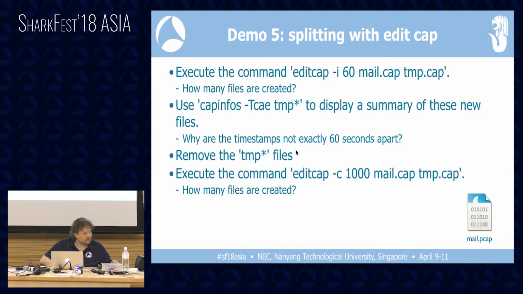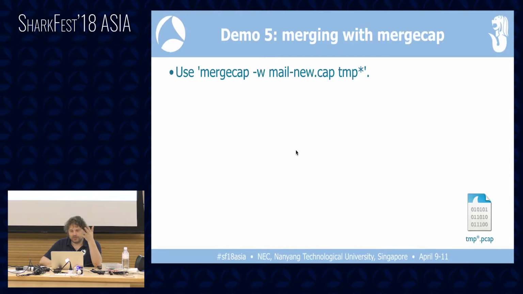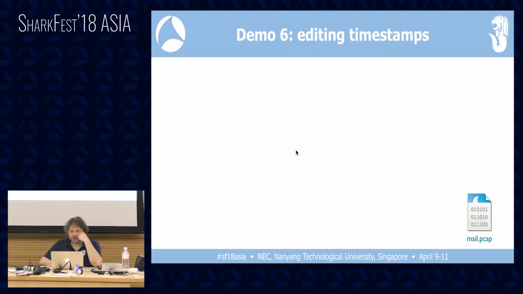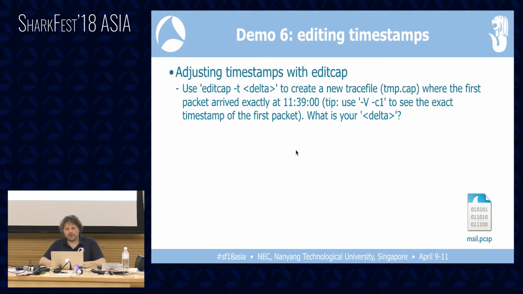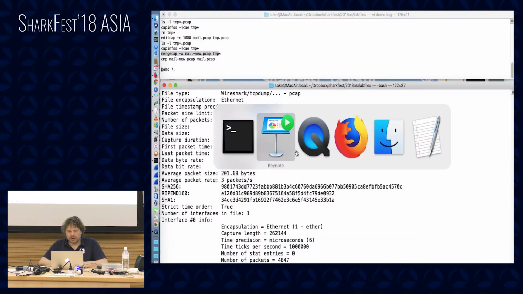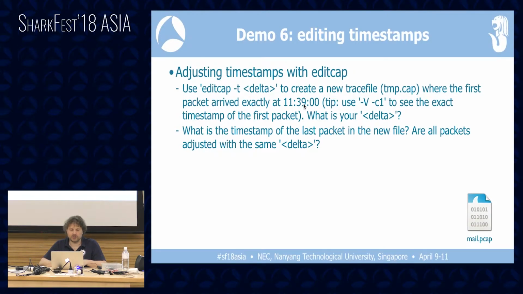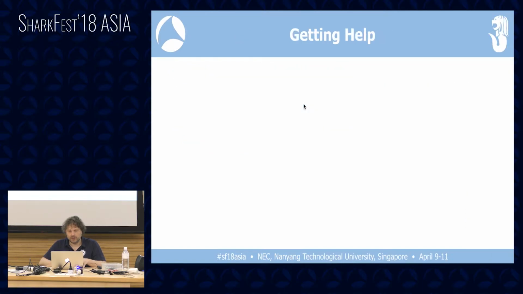Okay. Well, I merged them also, so let's see what we can do to edit timestamps. The case is I want the first packet to have exactly this time setting, so I need to calculate my delta and then use that on the file.